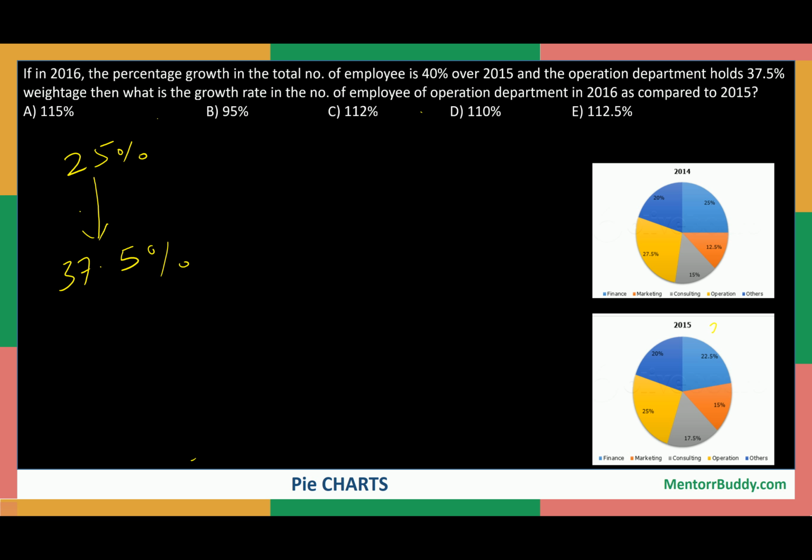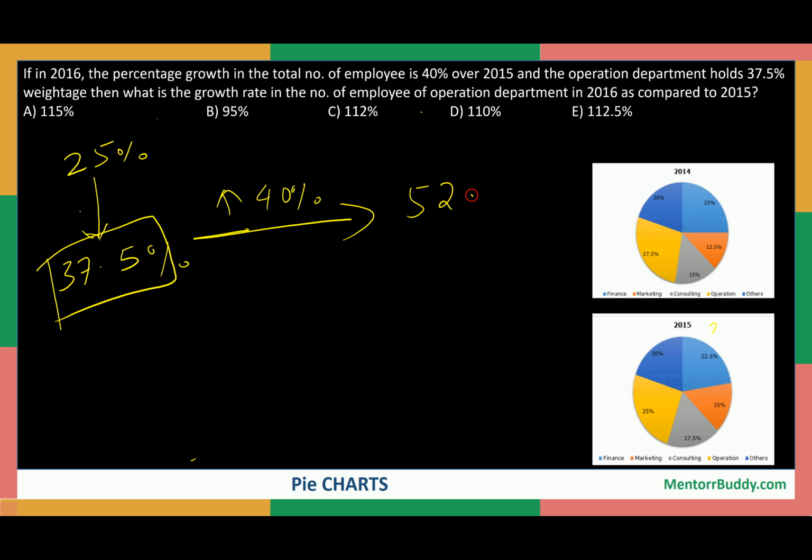But since these are of different years, and in 2016 there is also an increase of 40% in the total number of employees, we have to increase this by 40%. 40% of 37.5 is 15. So if we add 15 to it, it will become 52.5%, right?